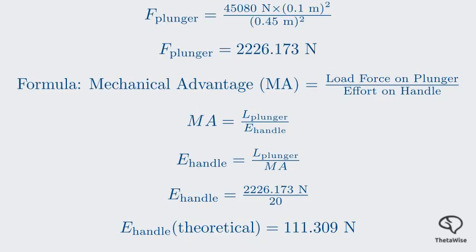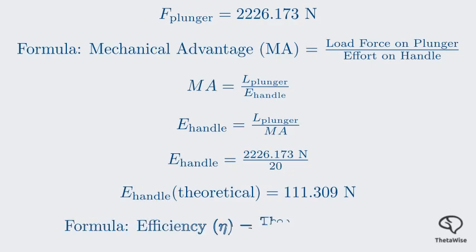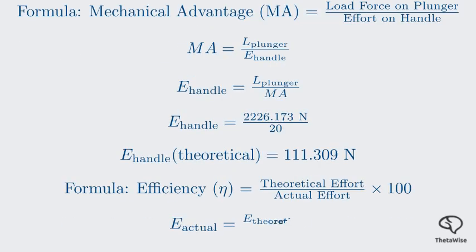However, the problem states the efficiency is 90%. This means the actual effort we need to apply will be greater than the theoretical effort. Efficiency is the ratio of output power to input power, and it can be expressed as theoretical effort divided by actual effort. So, the actual effort, E actual, is the theoretical effort, E theoretical, divided by the efficiency, η.